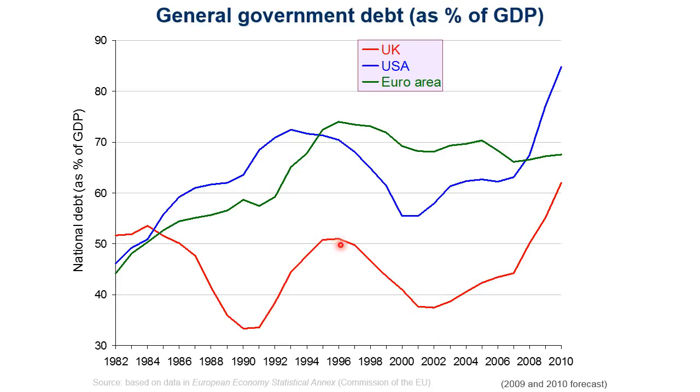We see a reversing of that in 96 by the Conservatives and also Gordon Brown for a while, before there was a general reversal around the early 2000s. And of course we can see that for all countries there was an explosion in debt around the time of the financial crisis.